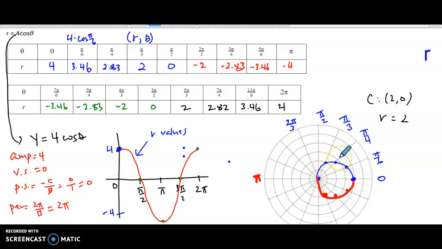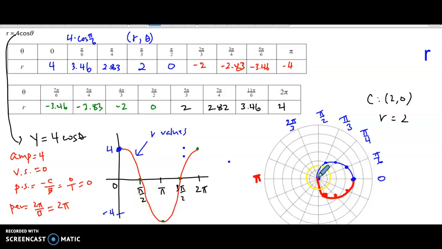And so what happens at pi halves? On the trig graph, at pi halves, the x-intercept is at 0. So here at pi halves, we have 0. And then what happens after pi halves? It dips down. Now these are negative values.